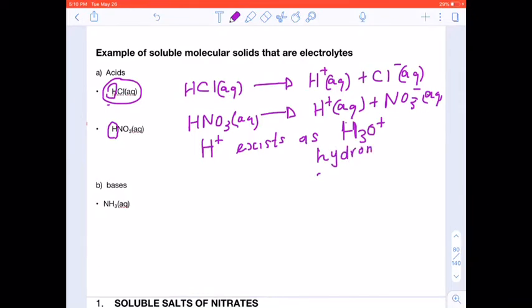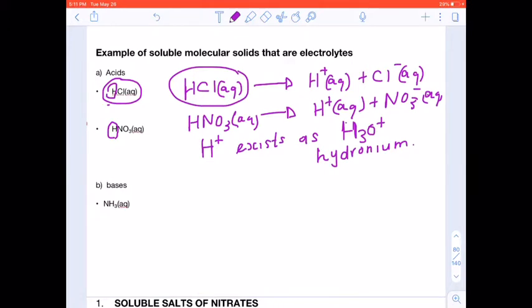All right, we'll deal with that when you get to grade 11. So for now, know that when a molecular substance like an acid dissolves in water, it forms H plus ions and chloride ions, right?